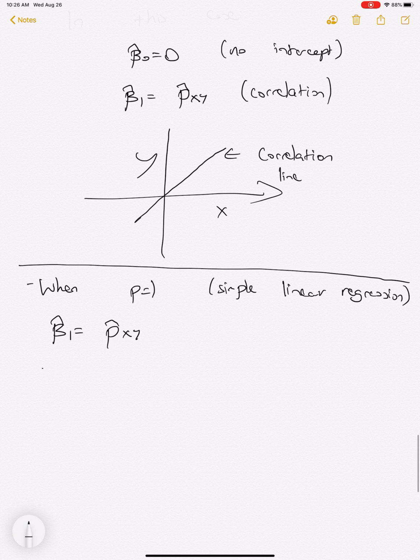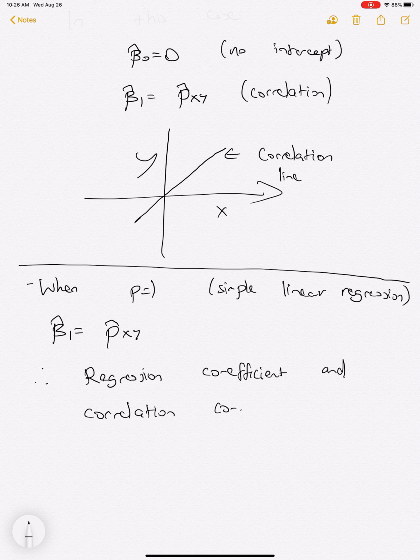So one way to interpret this is, okay, in the case where we've standardized the variables like this, the regression coefficient and the correlation coefficient are actually equivalent.